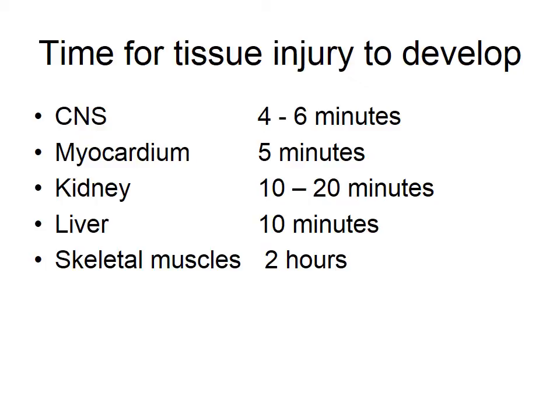But there's probably not going to be significant neuronal deficit for 4, 5, or 6 minutes. And interestingly, the myocardium is approximately equally sensitive to hypoxic damage. Now, tragically, I've heard people say we didn't try to resuscitate this person because they'd been unconscious for so long that they would have severe brain damage.